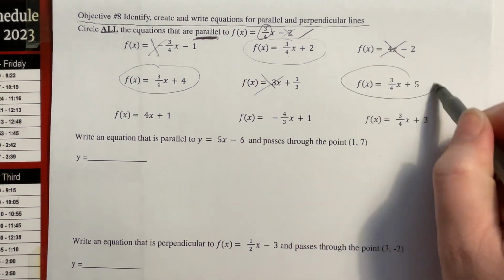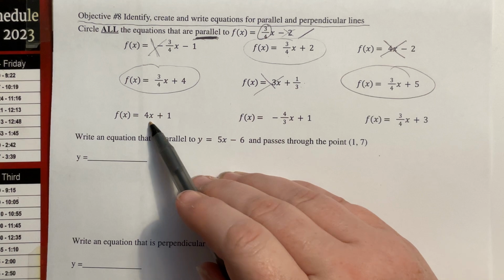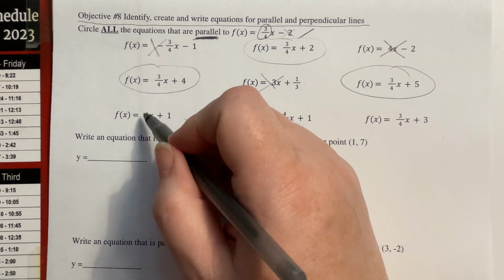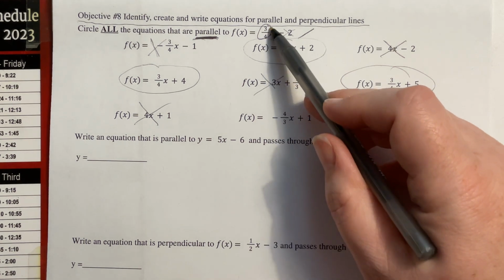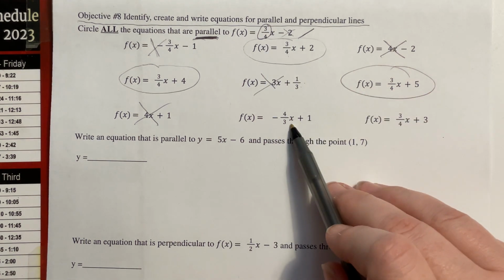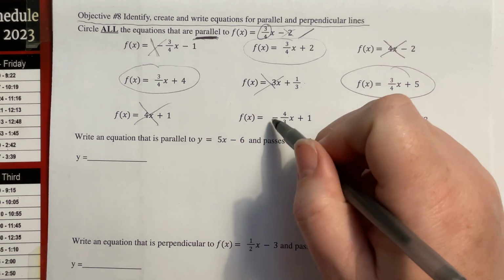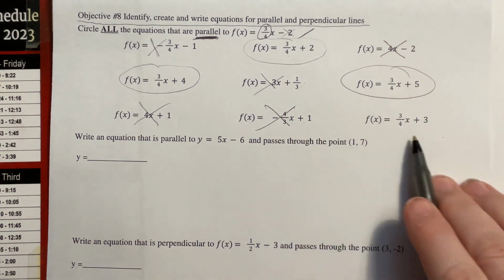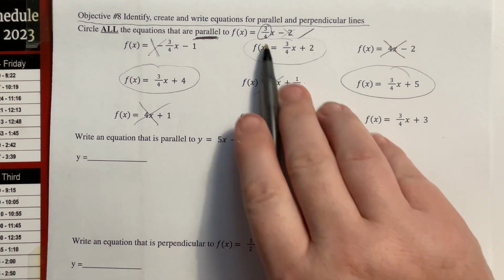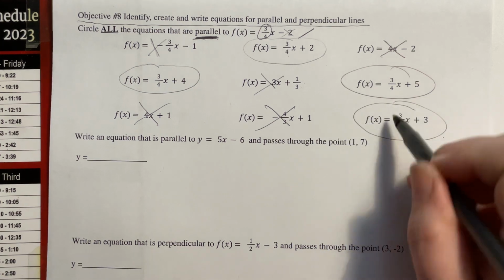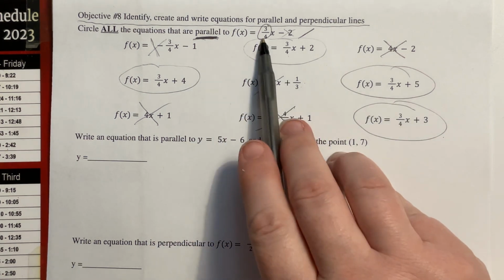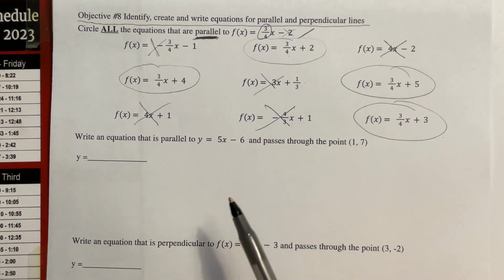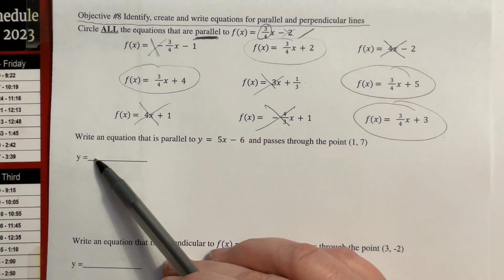Yep. 4, we already talked about 4, that doesn't match. -4/3, just flipping it upside down, is that okay? No, that's completely different. That's not going to work. How about this one? Yep, that's a match. Okay. Just remember, parallel, slopes need to be exactly the same. That's it. Okay, next one.